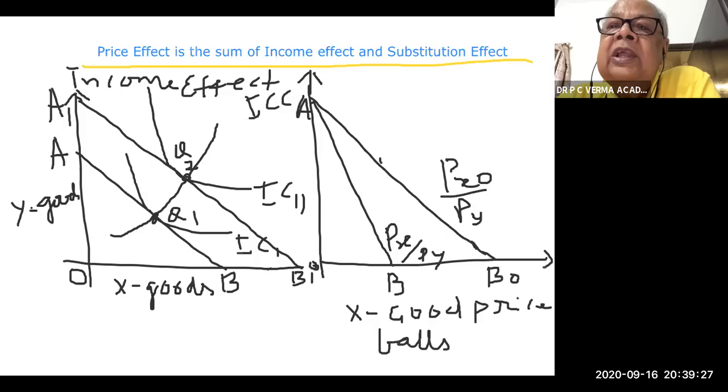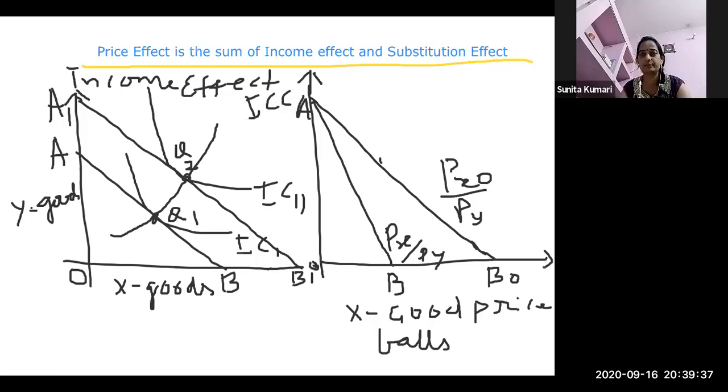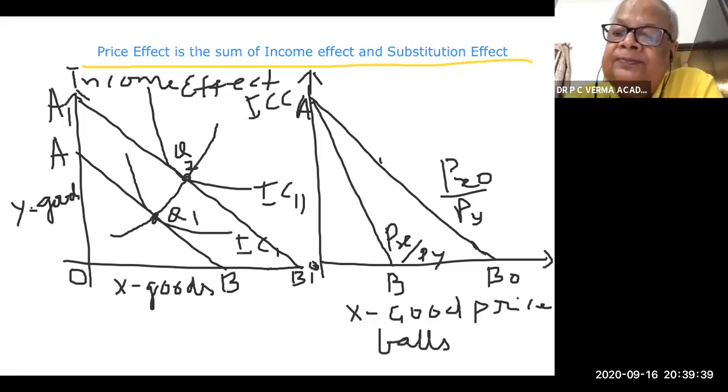So first diagram, Sunita, is the diagram for income effect: consumer shifts from IC1 to IC2 due to change in income. Second diagram is related to price effect.